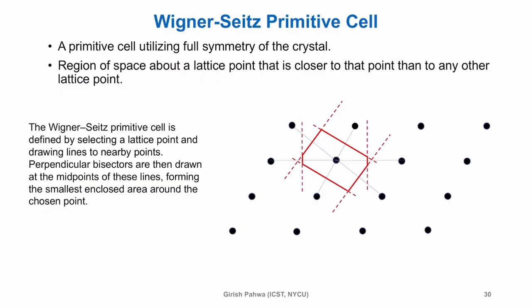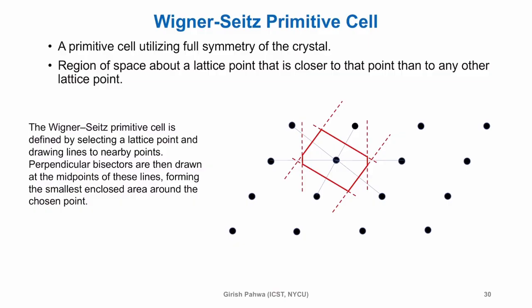Connect to neighboring points, draw perpendicular bisectors. Find the smallest area that is enclosed by these lines, and that is your Wigner-Seitz cell. So it's a primitive cell. If you repeat this area, you will be able to generate the whole lattice. And how many lattice points does it have?